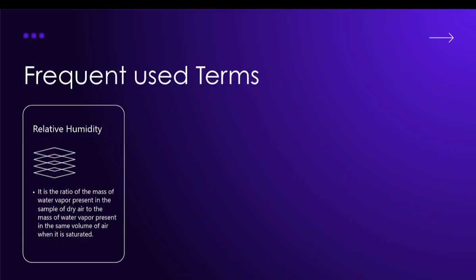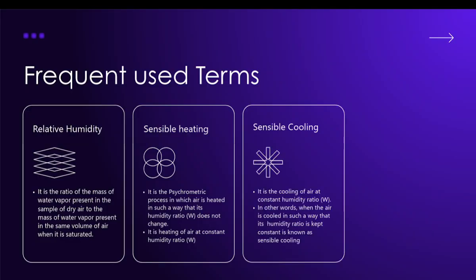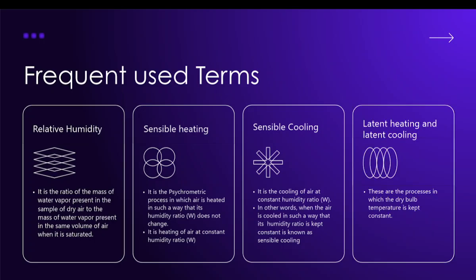Now, frequently used terms again. Relative humidity is next. It is the ratio of the mass of water vapor present in a sample of air to the mass of water vapor present in the same volume of air when it is saturated. Suppose we have taken a sample of air, and there will be some amount of moisture present in it. When some more moisture is added to the air sample, at some point we cannot add more moisture to it, as it is saturated.